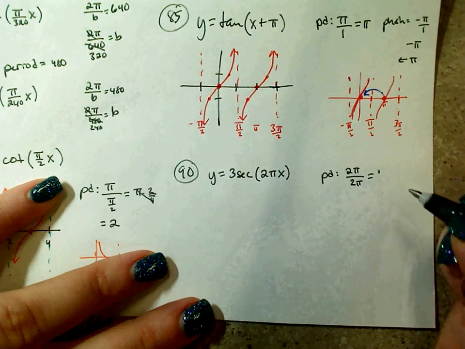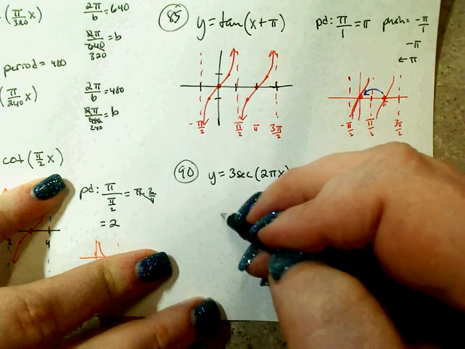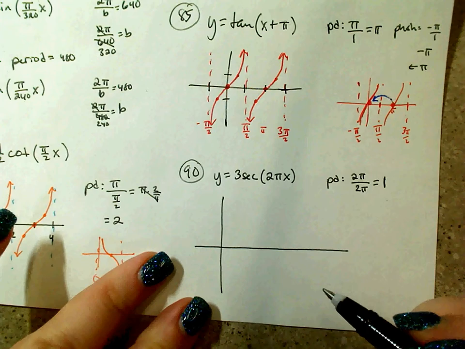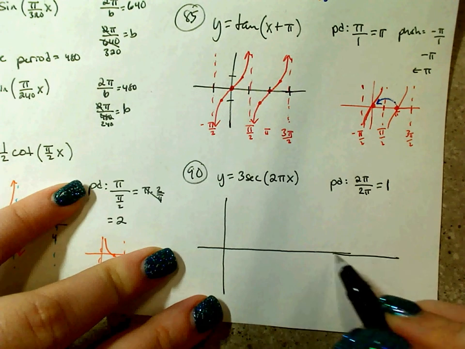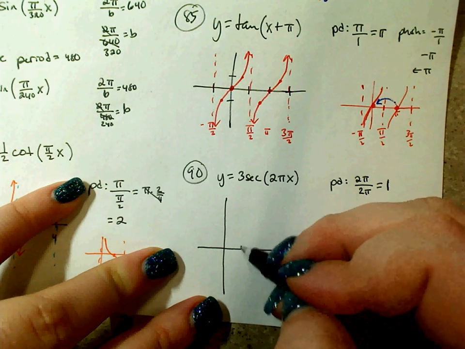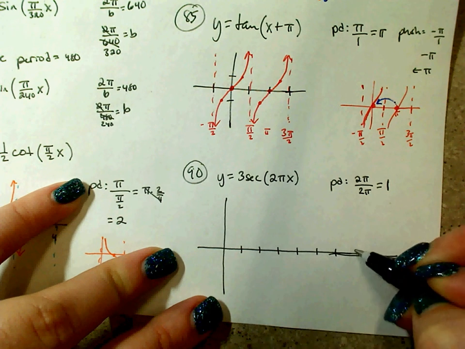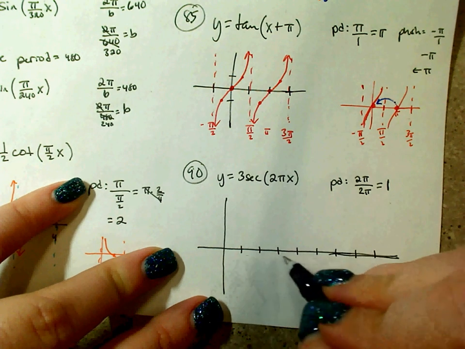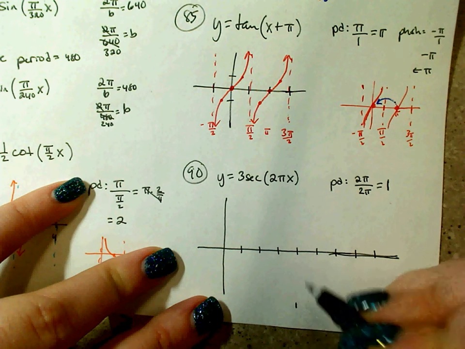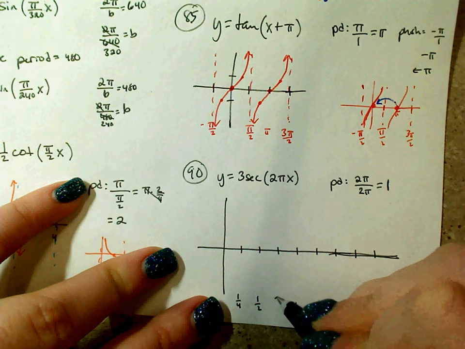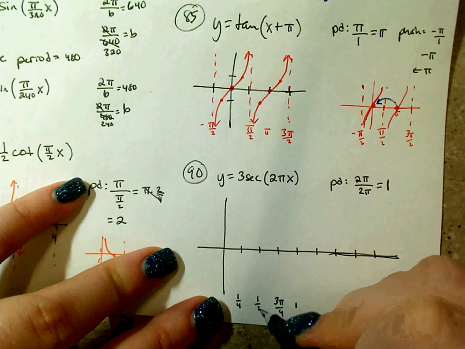This is graph 2 cosine waves. So, if 1 is my period, that's 1. 3 fourths, 4 fourths. That's 5 fourths. 1/2, 2 halves, 3 halves.